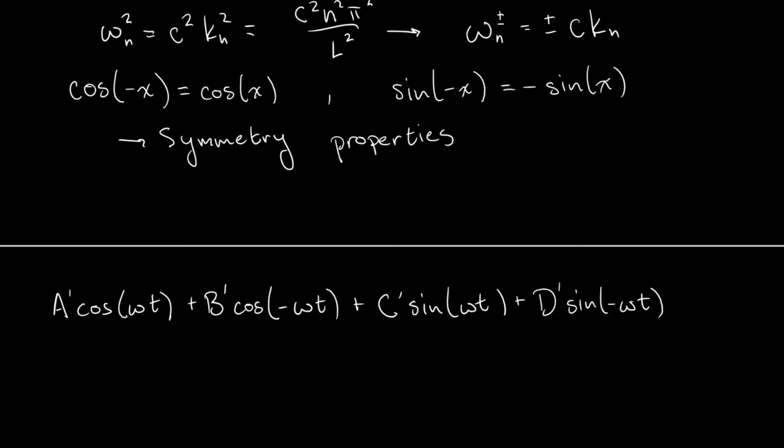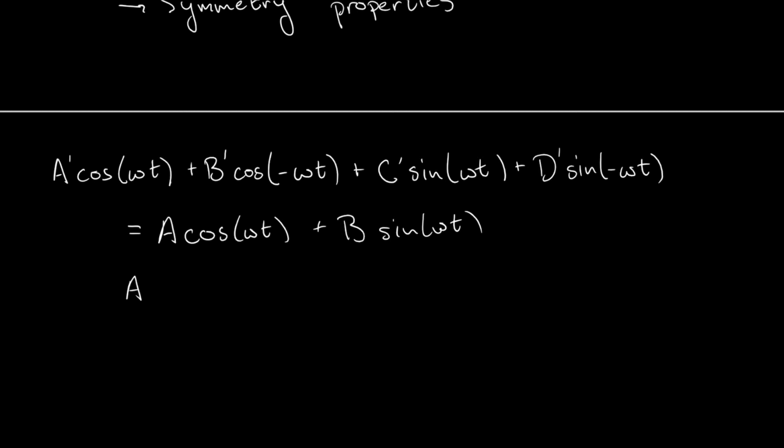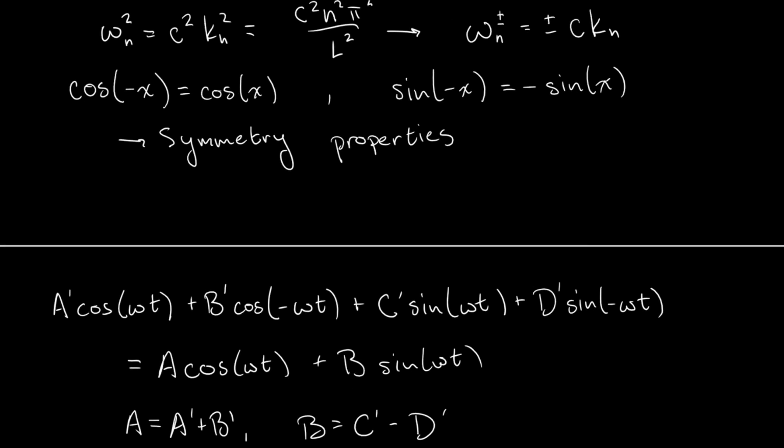You can see that I can use these symmetry properties and pull out common factors of cosine and sine, and write this as just some a cosine omega t plus b sine omega t, where I just defined a as a prime plus b prime, and b as c prime minus d prime. So this just essentially lumps constants together, and you see that the two solutions actually end up being somewhat redundant.